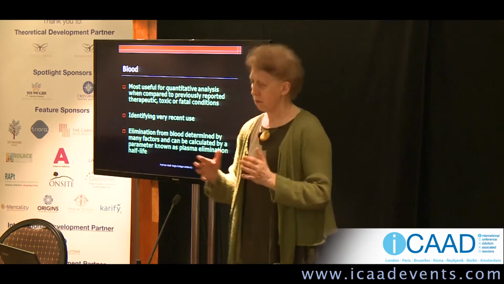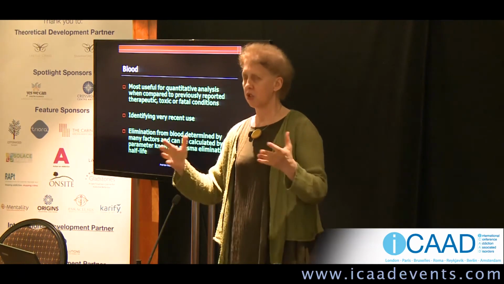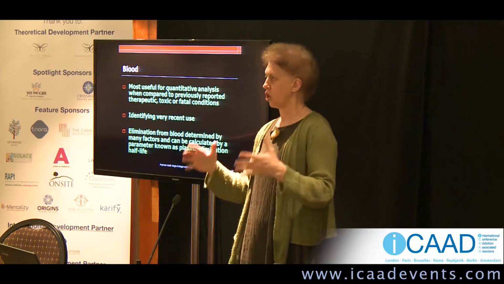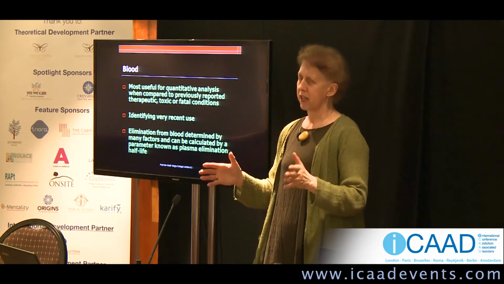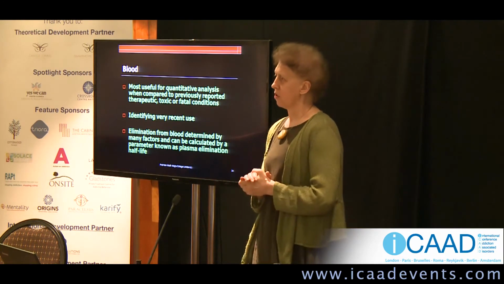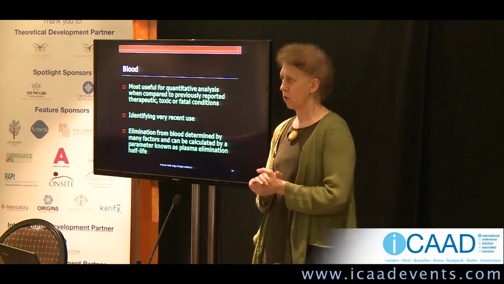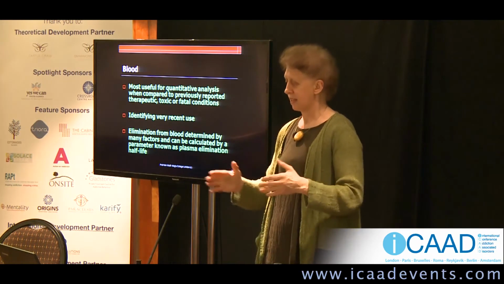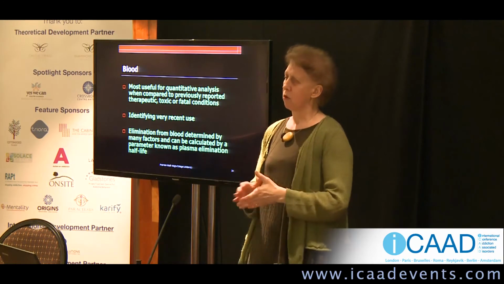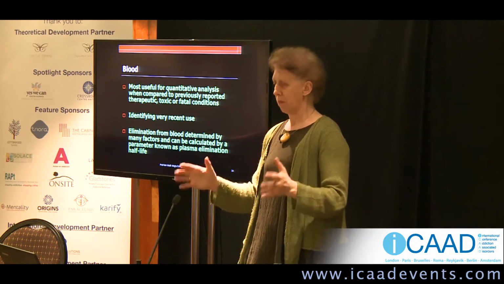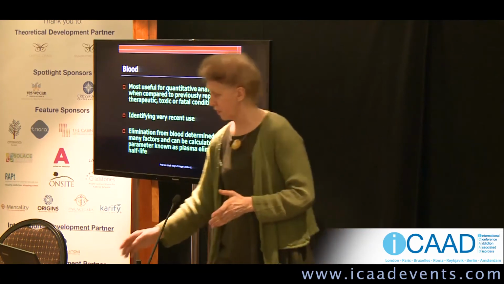Blood, most useful in the opposite sense for quantitative analysis. It's used for therapeutic measurements, for toxic and fatal conditions, identifying very recent use, so we can accurately describe what the concentration of a drug is in the body at the sort of critical last 24 hours time, or even as now. And we can talk about how long a drug will stay in the body based on our blood concentrations, or what we know about blood concentrations, and a parameter called half-life.